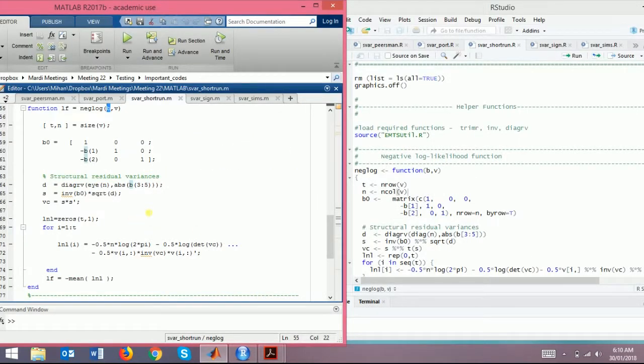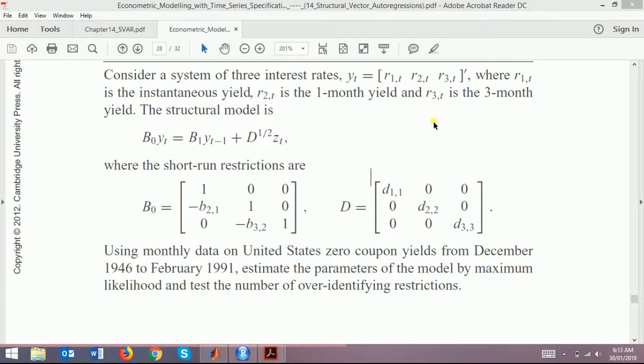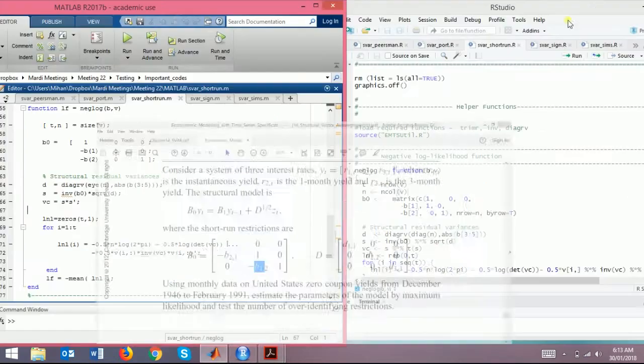So we have the diagonal elements from 3 to 5, right? Let me understand this. In our beta naught, you see our two parameters are b21, b32, then d11, d22, d33.